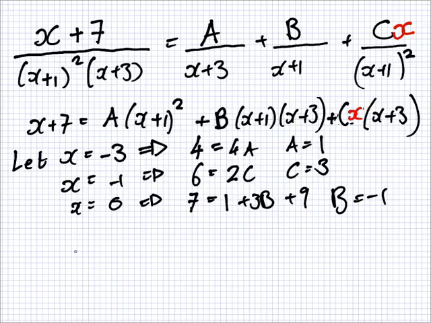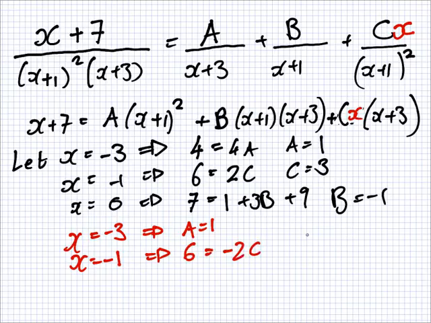And then lastly, again, I'll put x equals 0, but it'll be different this time. Instead, I'll get 7 equals A plus 3B plus 0 at the back, because there's an x here. So this time I'll get B equals 7 minus 1 is 6, so 2.